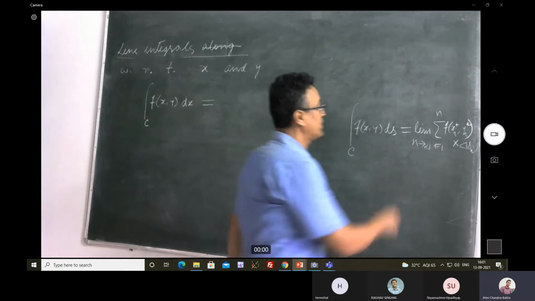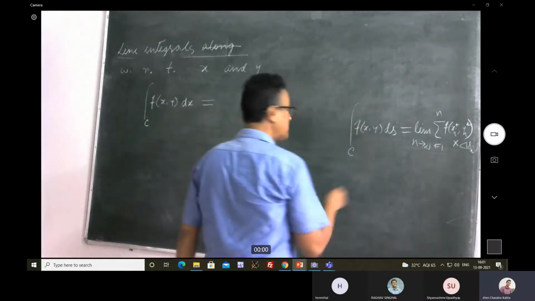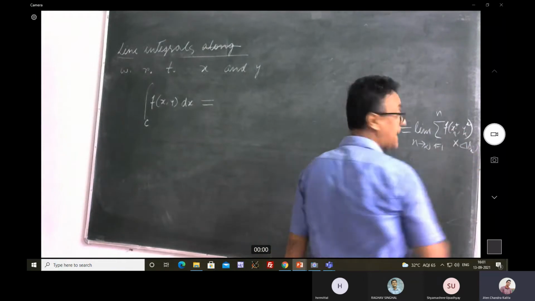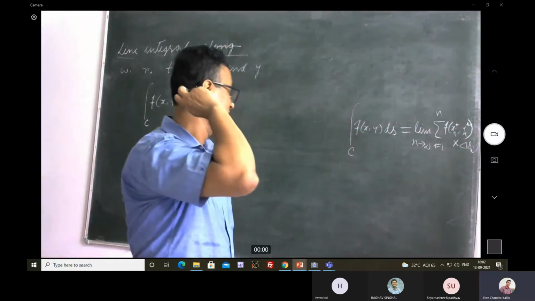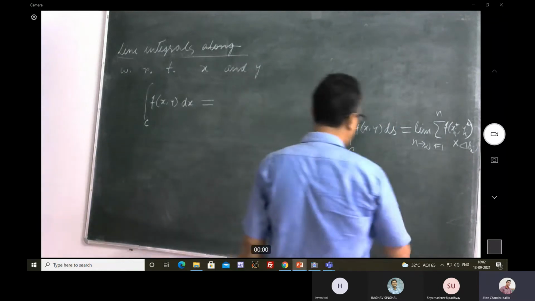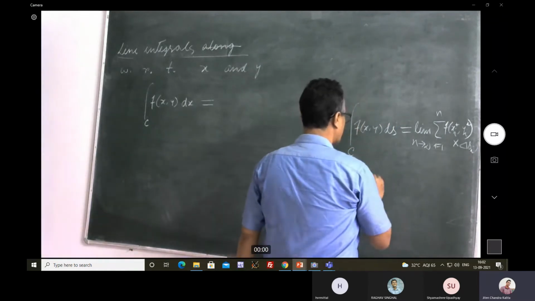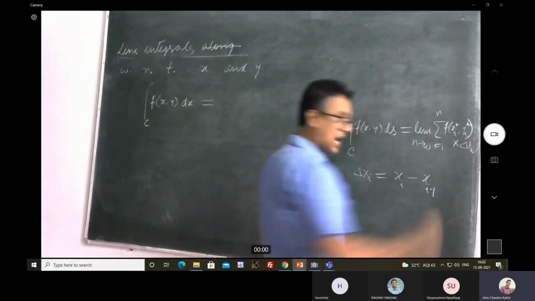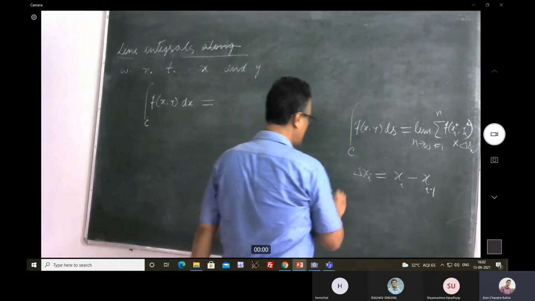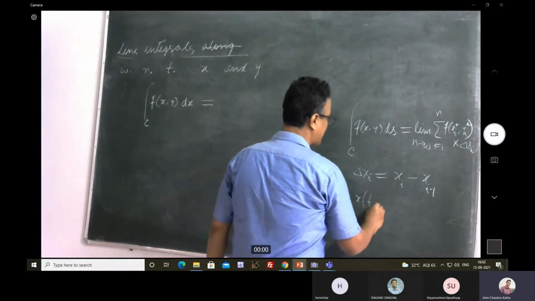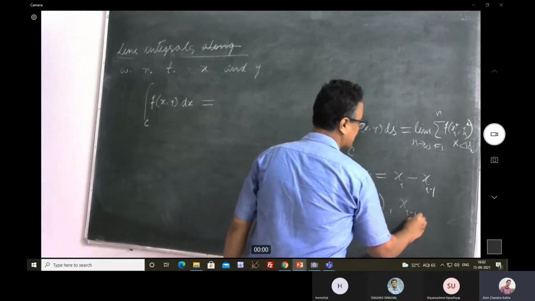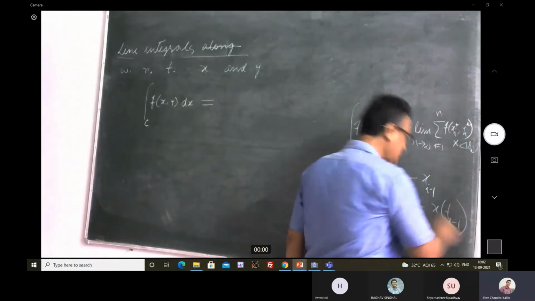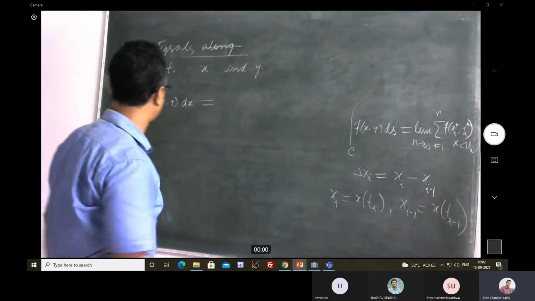Now, instead of delta si, I assume delta xi equal to xi minus xi minus 1, where xi is x of ti and xi minus 1 is x of ti minus 1.